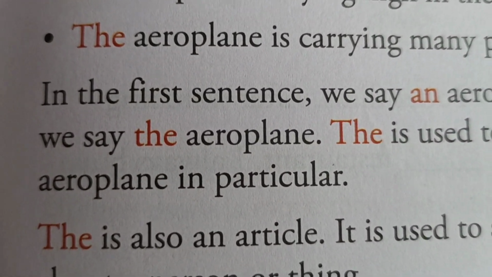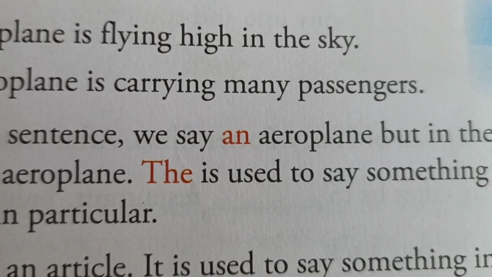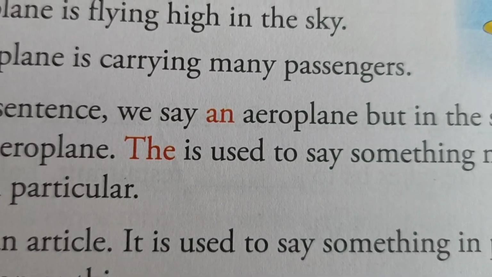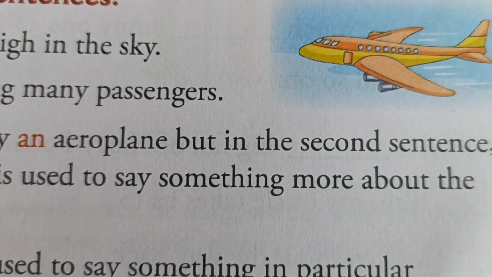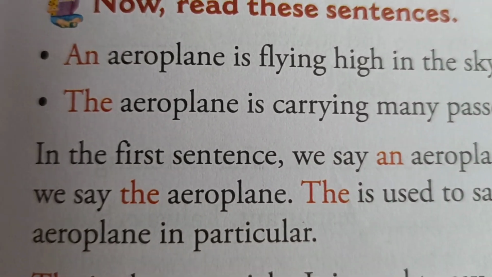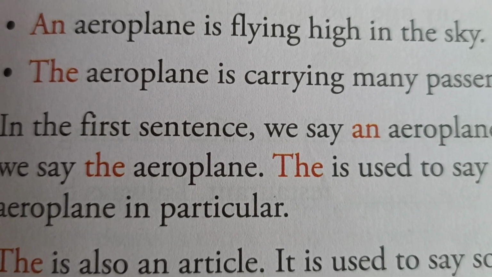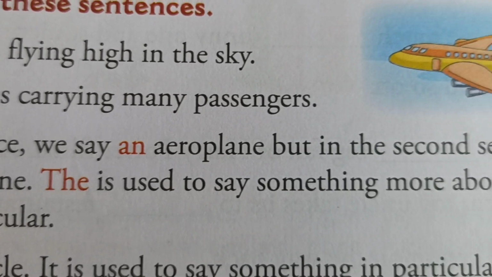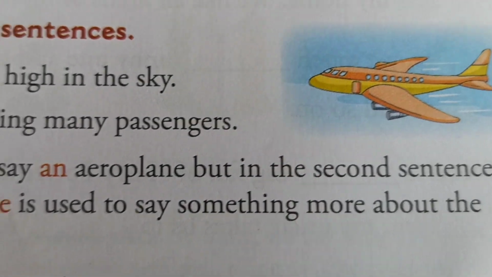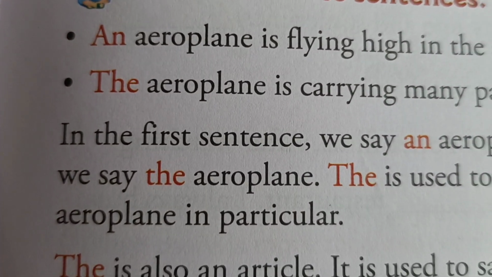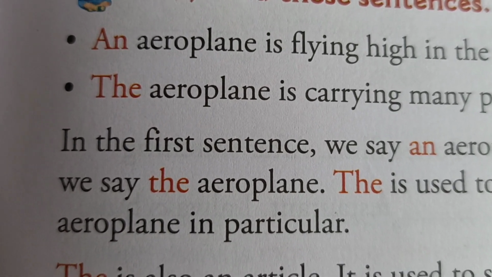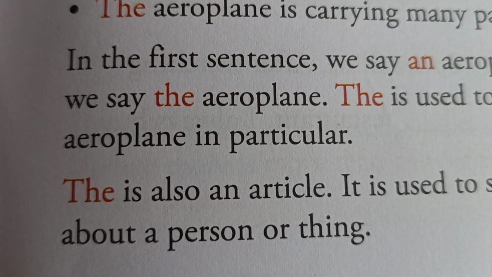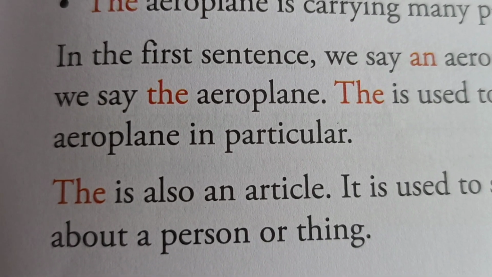See here, the aeroplane is carrying many passengers. In the first sentence we say "an aeroplane", but in the second sentence we say "the aeroplane". "The" is used to say something more about the noun. Aeroplane is a noun. Then "the" is also an article.